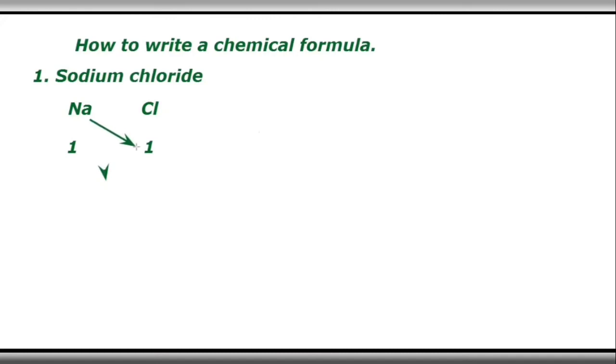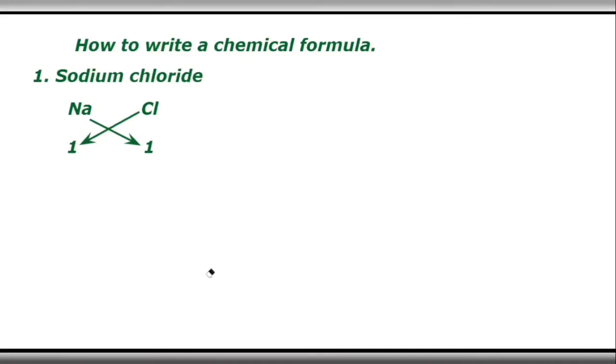For sodium, we have to take the valency of chlorine, and for chlorine again, we have to take the valency of sodium, and this we call crisscrossing. Here, by crisscrossing the valencies, the valency of chlorine we write with sodium, and the valency of sodium is taken with chlorine.